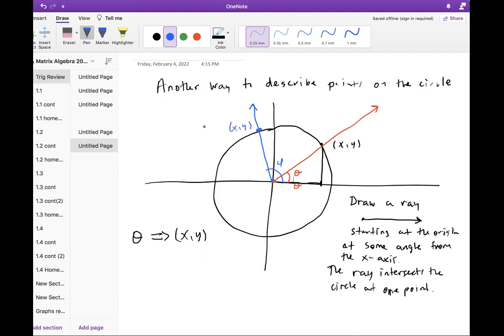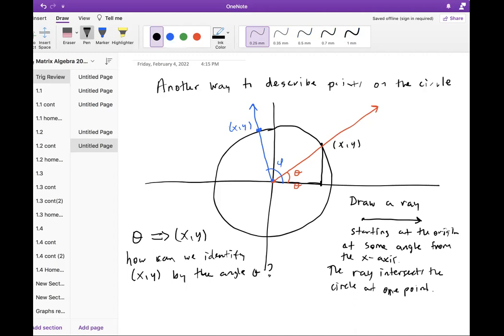So our goal is, how can we identify x and y by the angle theta?